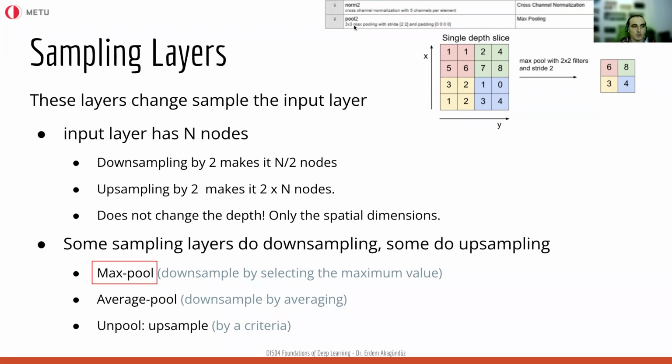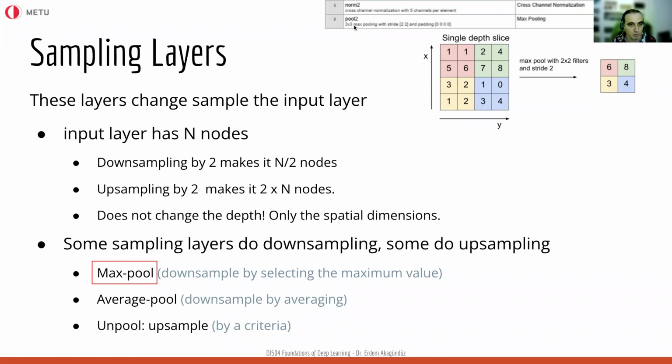We are trying to pick the strongest feature from there, because what we want to say is not exactly localizing where the stimuli come from. We're trying to find out if any type of stimuli is there. If you had taken the average, you would lose a strong signal among some weak signals because you would be averaging it.